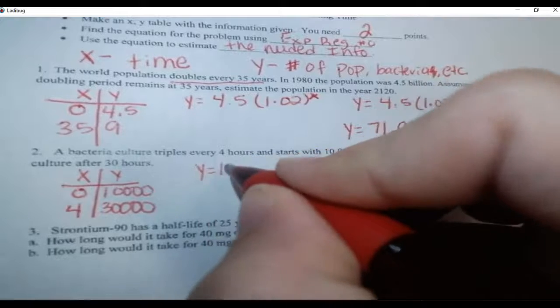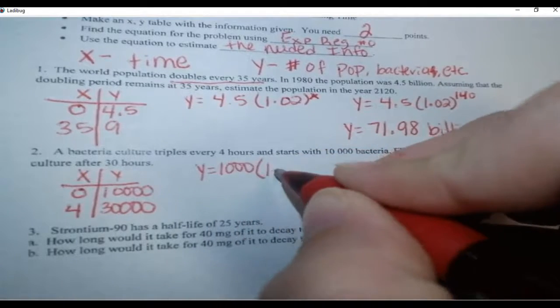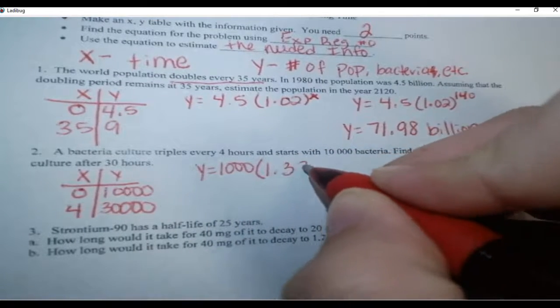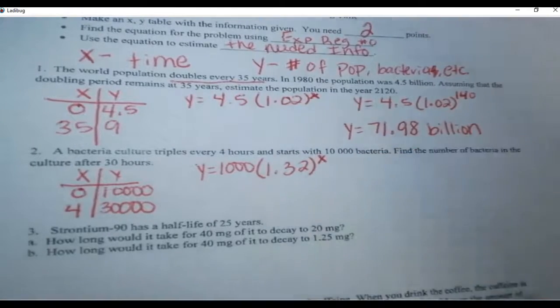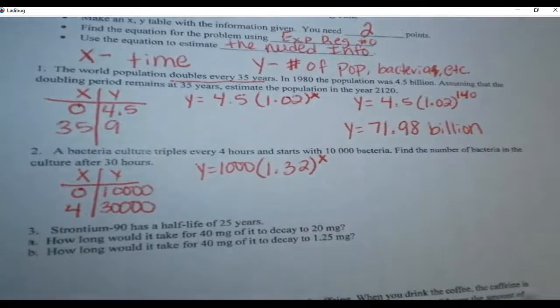So y equals 10,000 times 1.32 to the x. So then I want to know how many bacteria are in the culture after 30 hours. Where do I plug that 30 in? X, good, because that is our time.